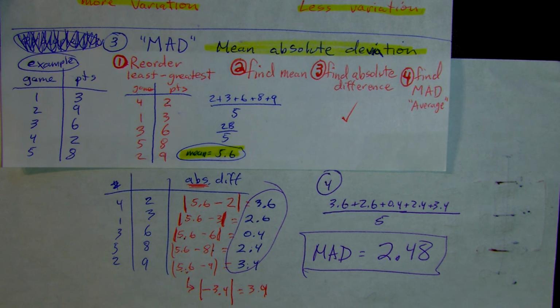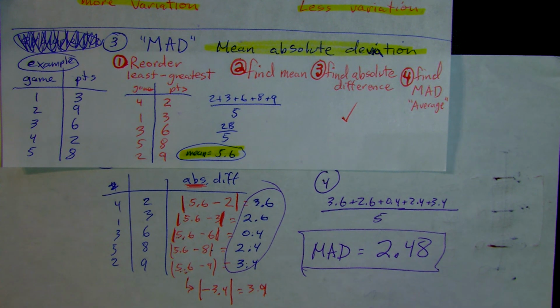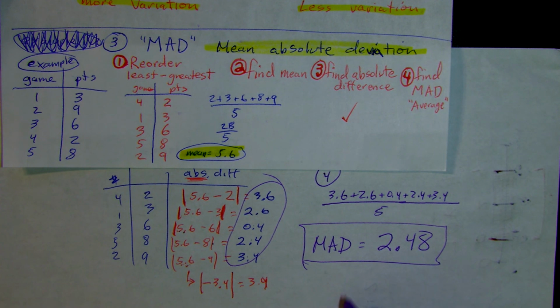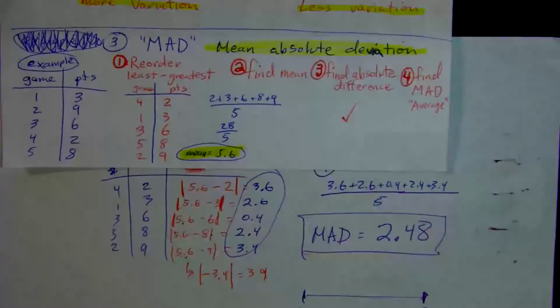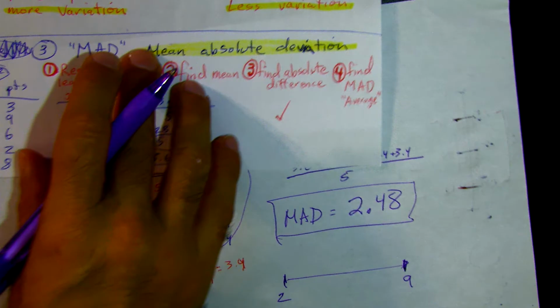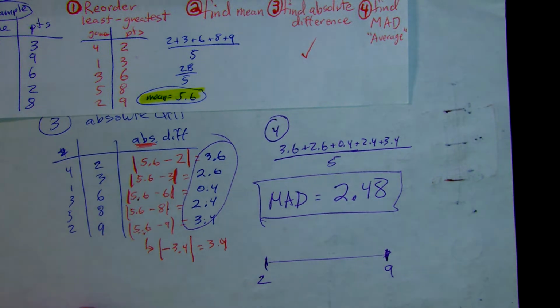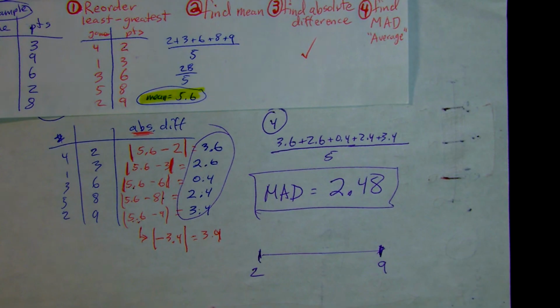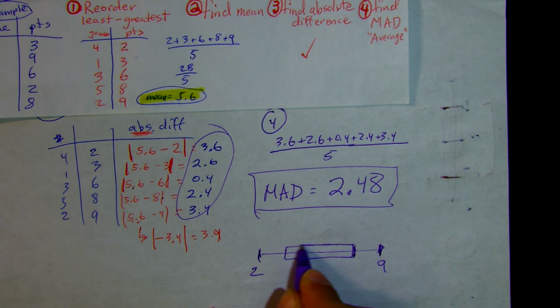Now, what that is saying is if I have a bunch of points on this, and the minimum is 2, the maximum is 9, right? What this is saying is we can make our box plot actually with the average instead of the median, but we're getting to that later when we get to outliers.